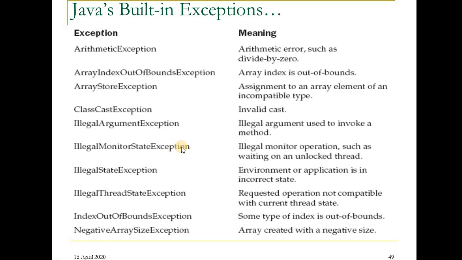Next, let us go through the Java built-in exceptions. First type of exception is arithmetic exception: arithmetic error such as divide by 0. Array index out of bound exception: array index out of bound.